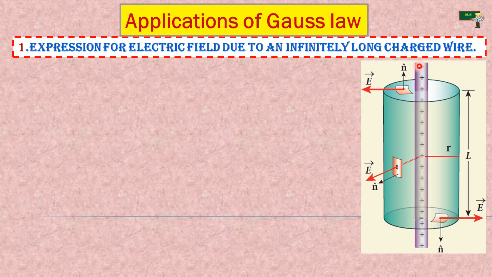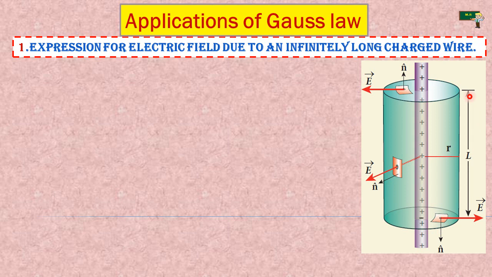But if it is like that, a long charged wire, you cannot find the electric field in that infinitely long charged wire. So we take the surrounding as a closed cylindrical shape, and in that cylinder we take only a small part for the experiment.